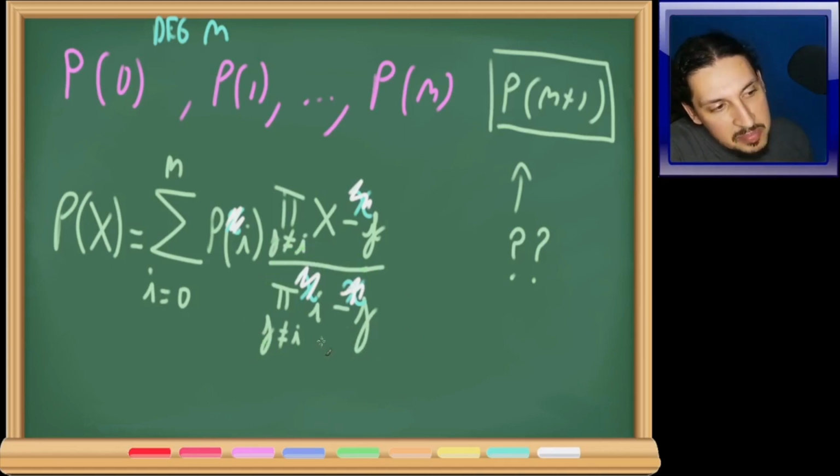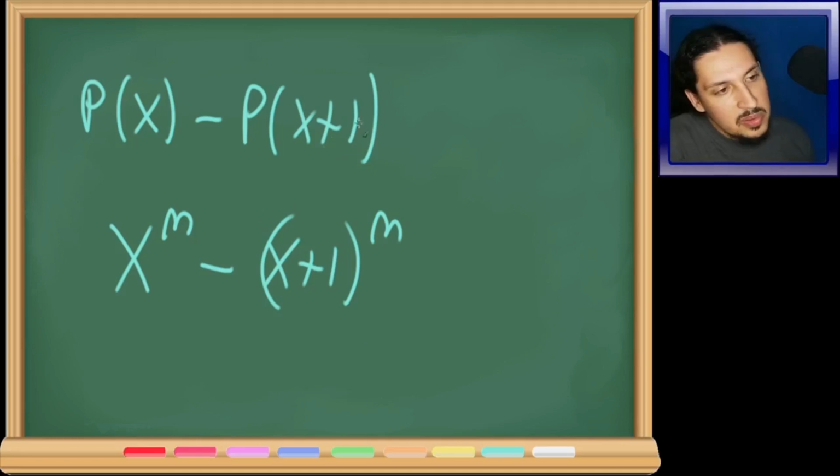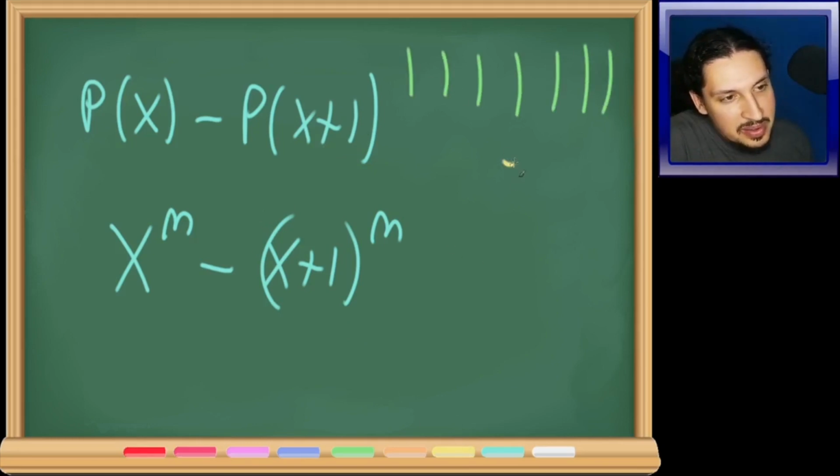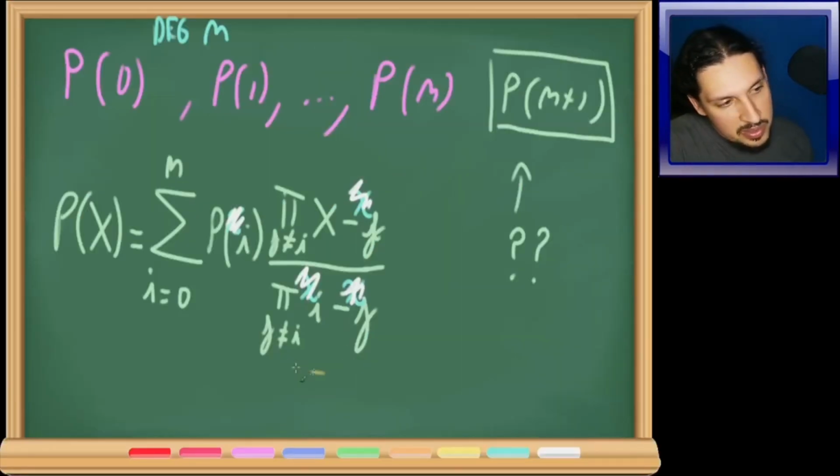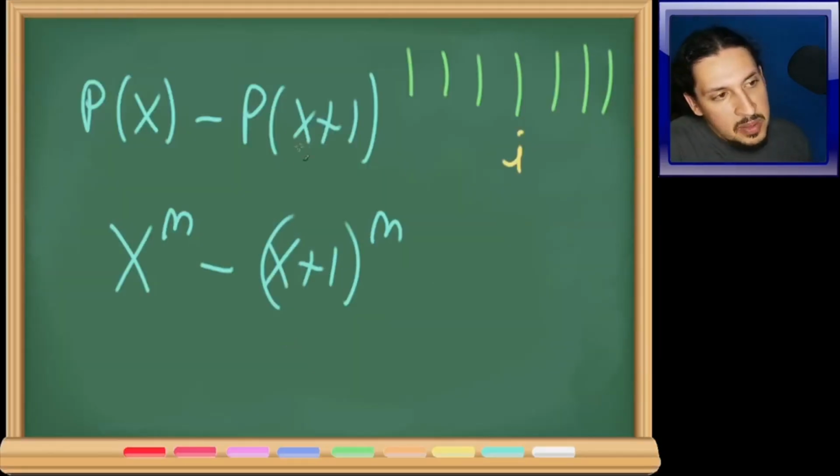But that is easy because now they are just i minus j. So they are consecutive integers, and if you draw them, they are all equally spaced, but when you are at a certain i, you are iterating over all the other values and multiplying by the difference.